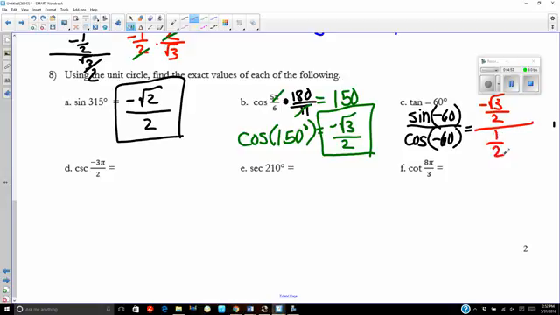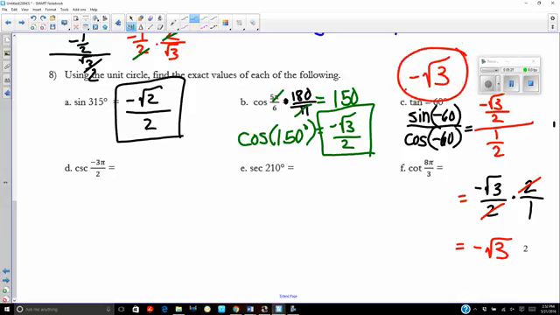Cosine is positive in the 4th quadrant, which is where negative 60 lies. So we need to simplify this just a little bit. This is part C. So we're going to multiply negative radical 3 over 2 by its reciprocal. The 2's cancel, and you get negative radical 3 over 1, or just negative radical 3. Of course, this is the answer to letter C.